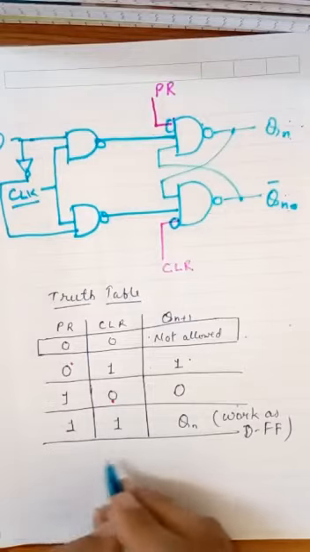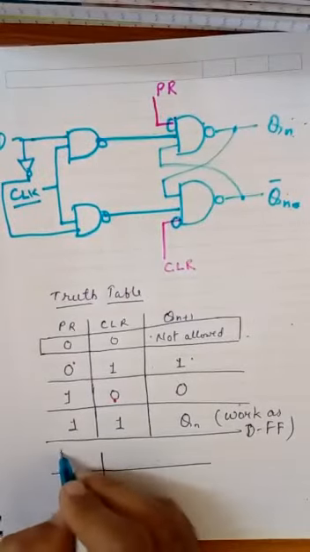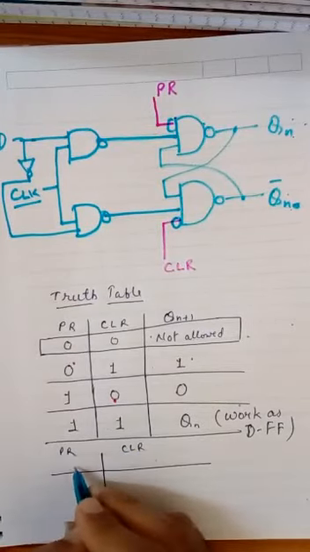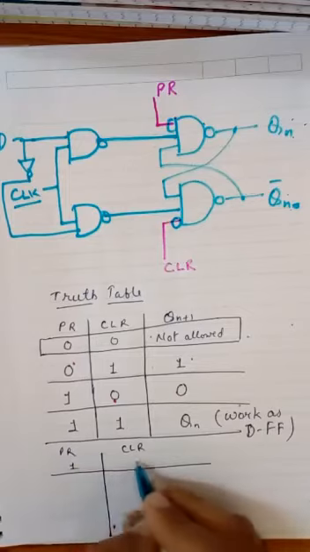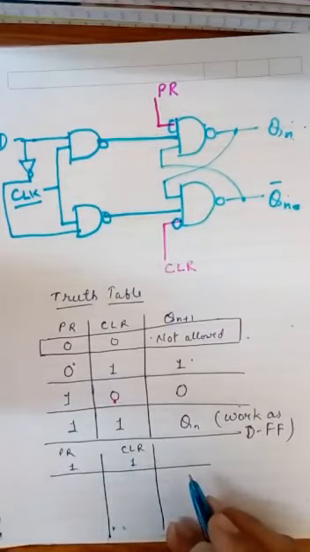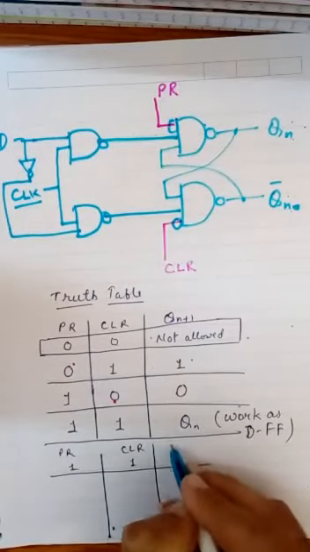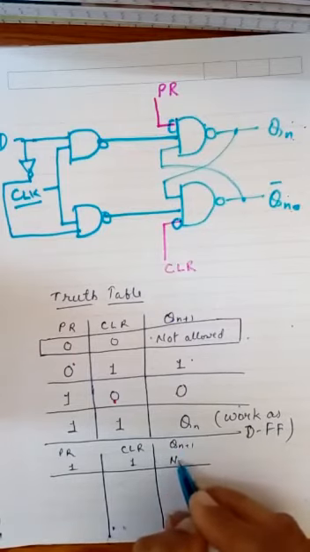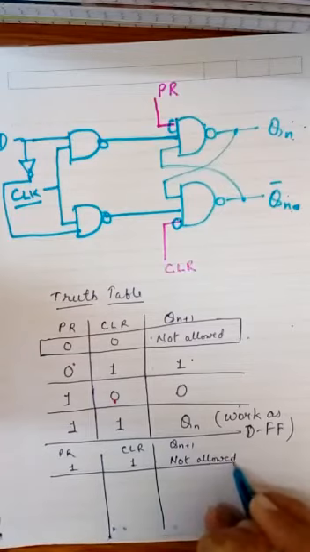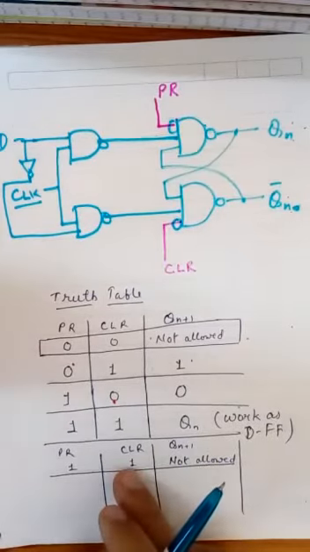like this. The truth table will now not work for preset and clear input as 1 1, means there should not be both the pins as 1 at the same time. It means Qn plus 1 must be avoided, or you can say avoid both the pins as 1 at the input.